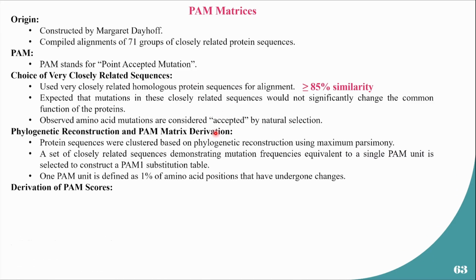Next they did a phylogenetic deconstruction, and after that the PAM matrix derivation was done. In the PAM matrix, one PAM unit is defined as 1% of amino acid positions that have undergone changes. So if you have a PAM score of 120, that means 120% of amino acid positions have undergone changes.